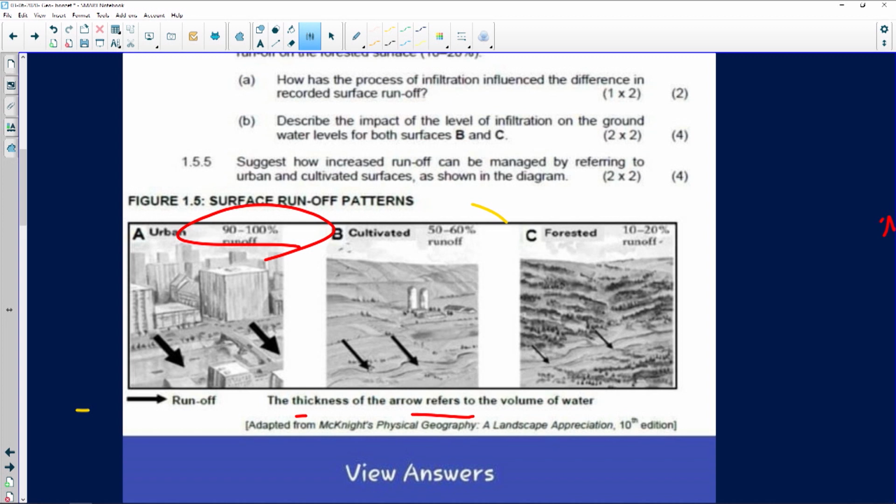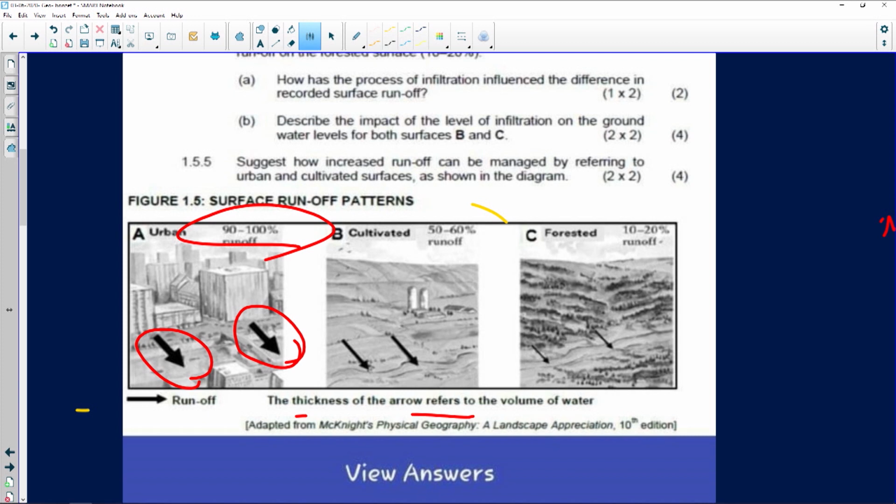Now, first of all, let's assume A, B, and C have the same amount of rainfall, right? So rainfall is not going to be a factor, it doesn't matter. So the volume of water is still going to be great over here, because if you look at the permeability of the surface area, all of the areas are basically impermeable. It doesn't allow any water through.